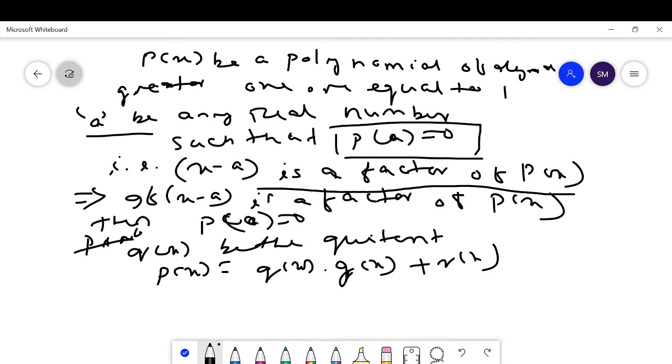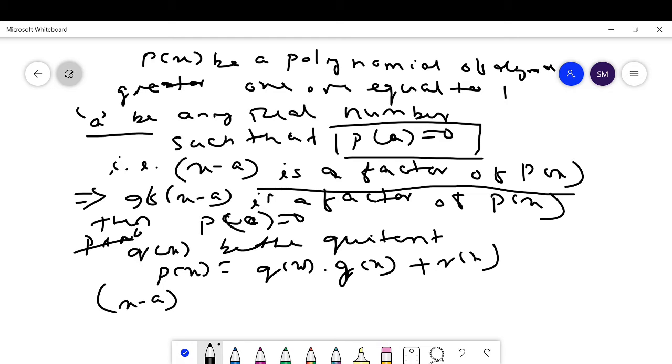The remainder theorem says that if Q(x) is the quotient of the polynomial P(x) when divided by x minus a, then the remainder is equal to P(a).